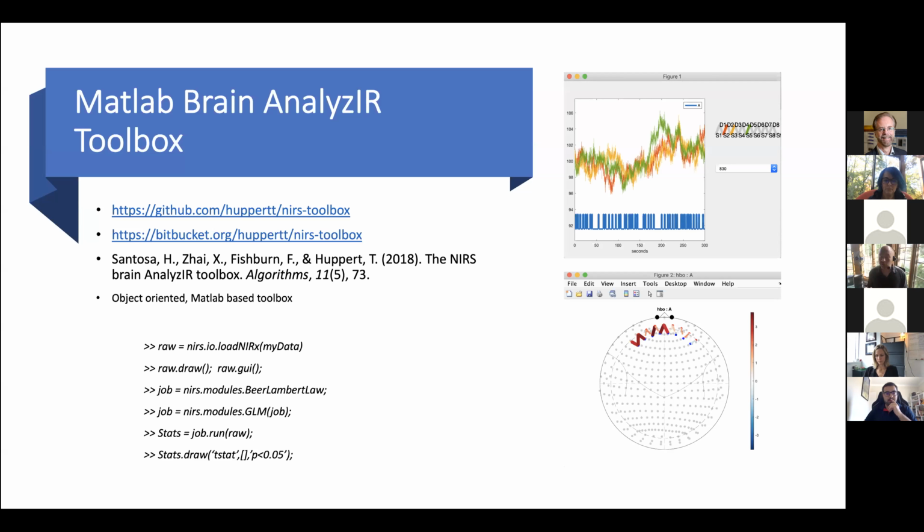So this is just an example. This is a little pipeline where we load up the data, we draw it to make an image that looks like this over here, and then we run the stats model in 2 or 3 lines. We can bring in the data and completely do statistical analysis to give activation maps like this. So we think it's a really nice framework that we've had and we've offered for a couple years now.